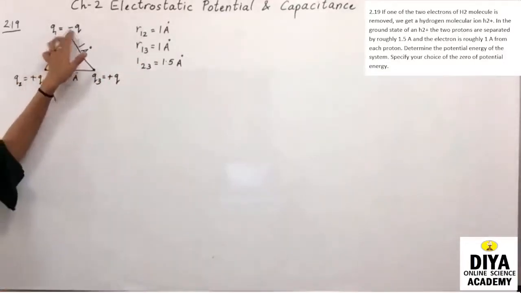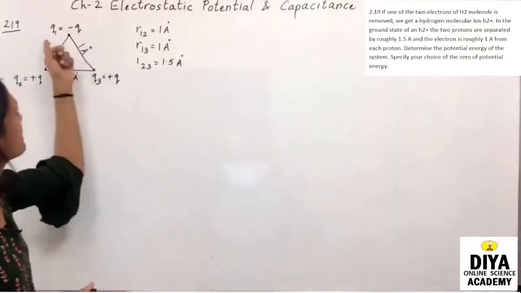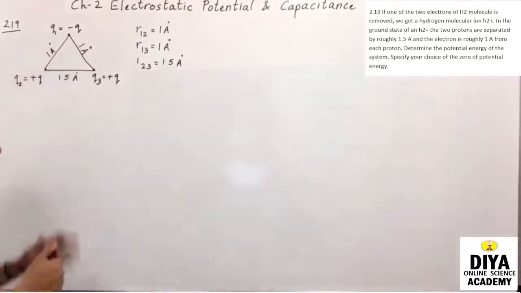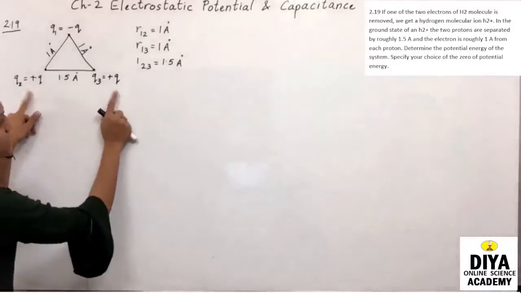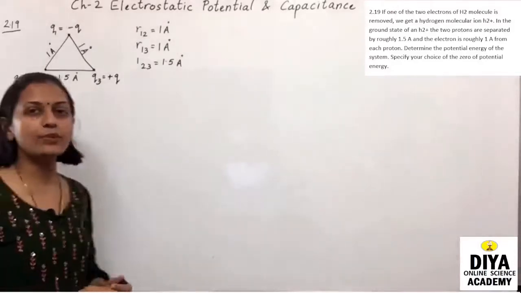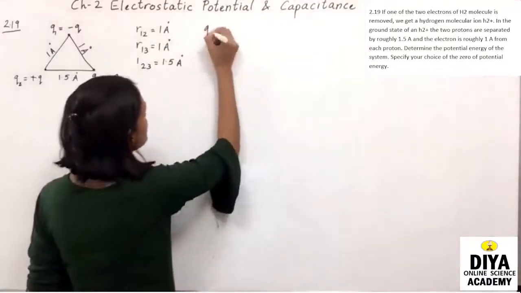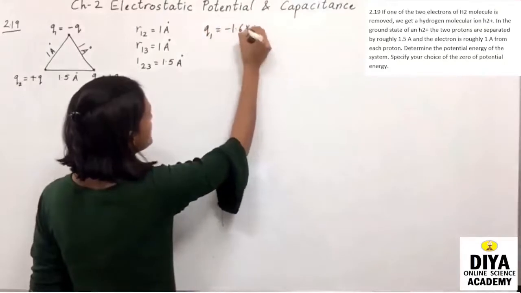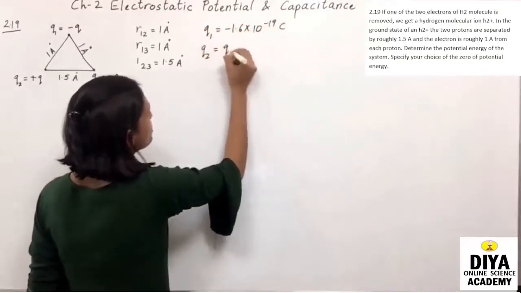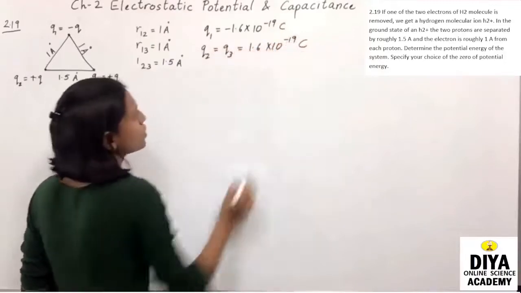Q1 is minus Q, that is the electron. So Q1 will be treated as minus 1.6 into 10 raised to minus 19, and these two represent protons. So the values of Q2 and Q3 are 1.6 into 10 raised to minus 19 coulomb.